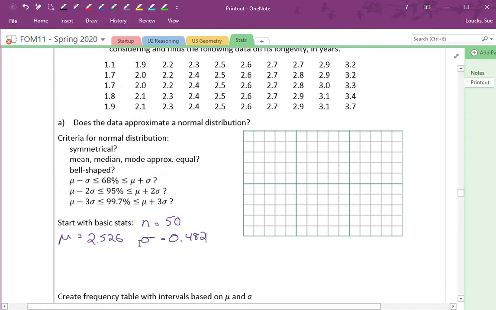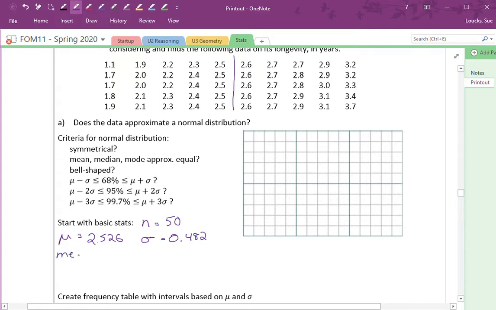Okay, the median. If we look at the median, they're sorted, like down here, down here. So half of it's going to be here. That's pretty easy. So the median is going to be halfway between 2.5 and 2.6.